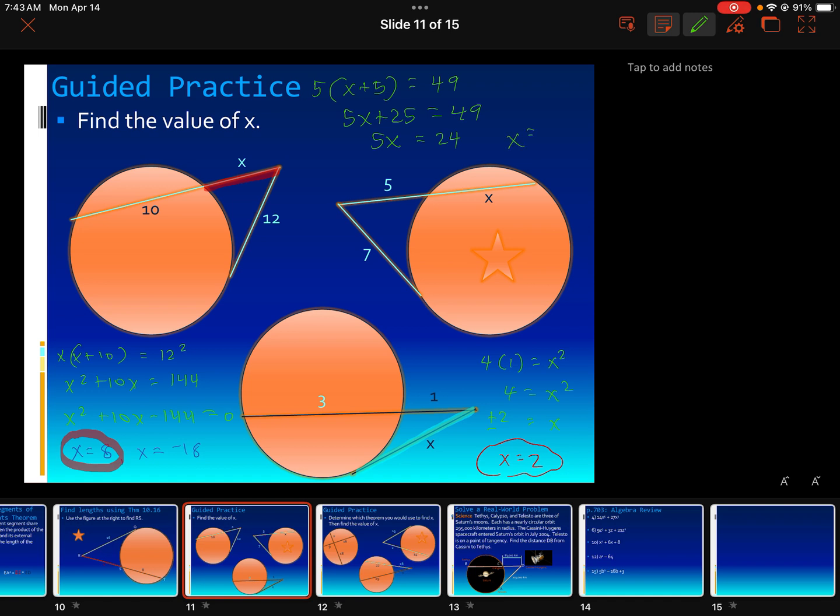So X would be, well, 5 would go into 24 4 times, with 4 left over. Not the prettiest thing in the world, but it's okay. Sometimes you don't get whole number answers.